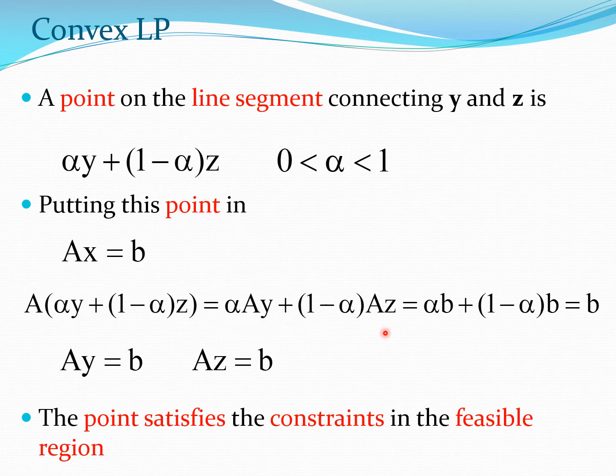So this is the expansion, further expand this out, and then we get b here. Now here I have used the fact that Ay is b and Az is b, so these two from the previous slide, and therefore this new point which lies on the line segment connecting y and z also satisfies the constraints in the feasible region. So essentially it satisfies A into the point equals b, and then we will see that it should also satisfy the non-negativity constraints. So that we'll do in our next slide.